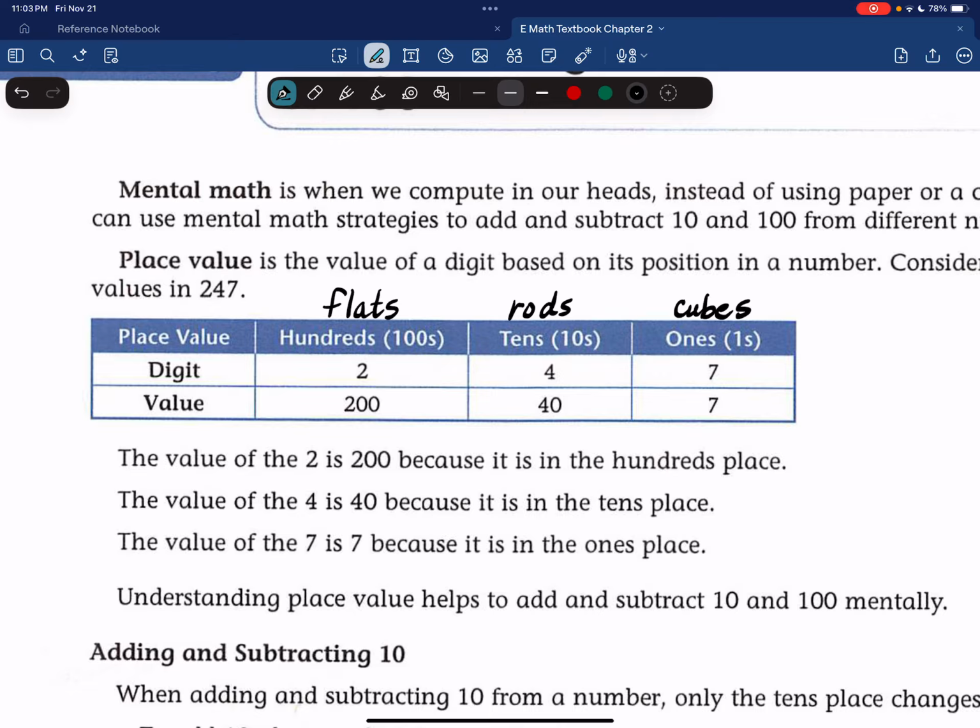The value of the 7 is 7 because it is in the ones place. Understanding place value helps to add and subtract 10 and 100 mentally. In other words, we are subtracting rods and flats mentally.